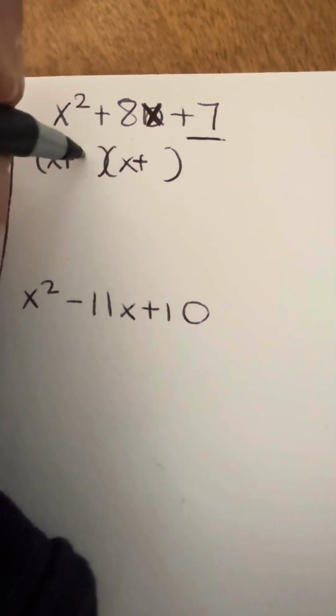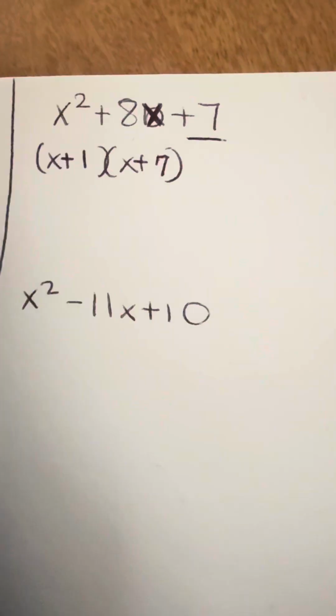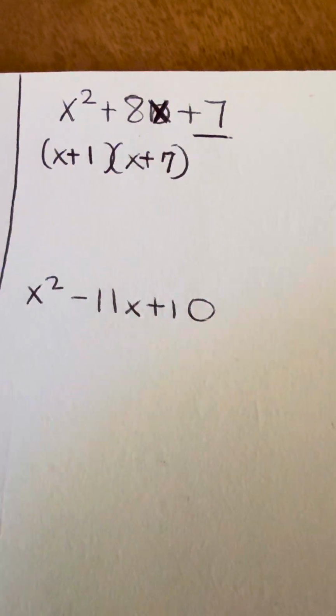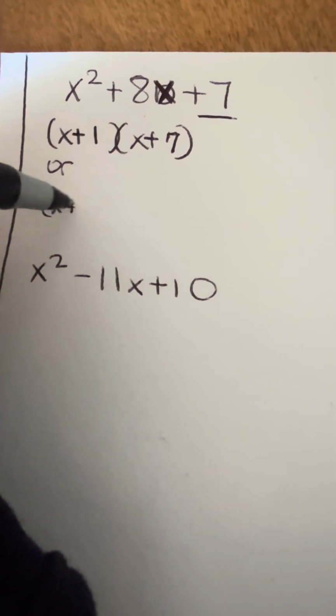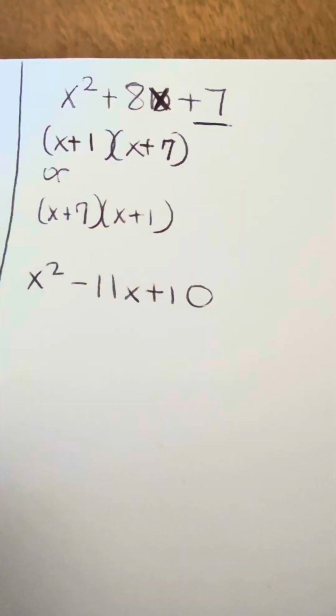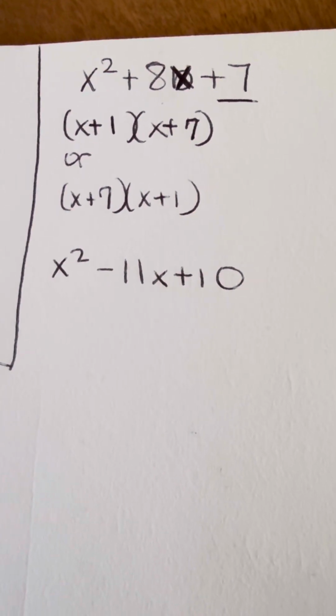So I would have a 1 going in here and a 7 going in here, and they can be interchanged. 7 can be over here and 1 can be over here. It doesn't really make a difference. However you feel happy, it works like that. And you can see it can be written just like this as well. So that would be how you do an all positive factoring of trinomials.